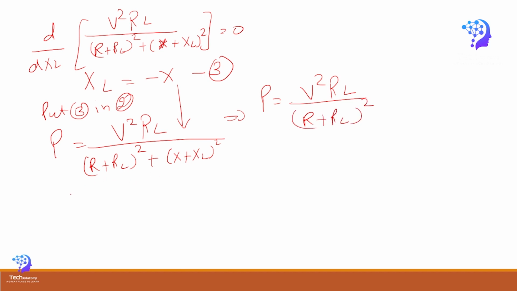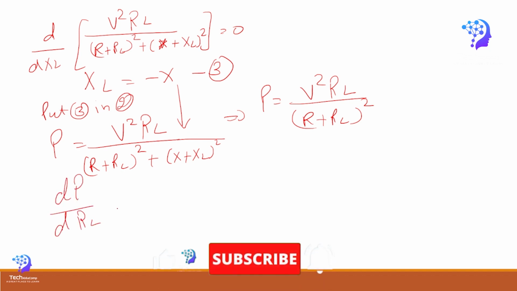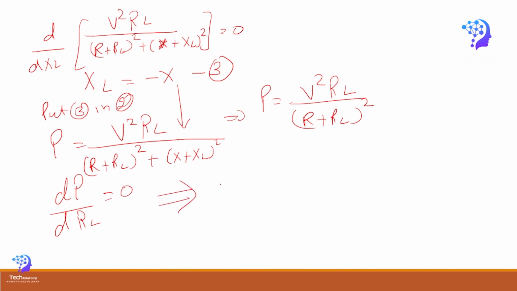So again we will differentiate, but this time with respect to RL, and putting it equal to 0, we will get the same as in case number 1, R equal to RL, and efficiency will be 50%. Okay, so it all depends on the specific impedance involved and their relationship.